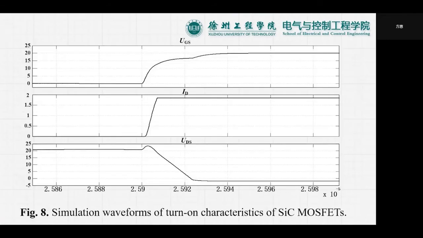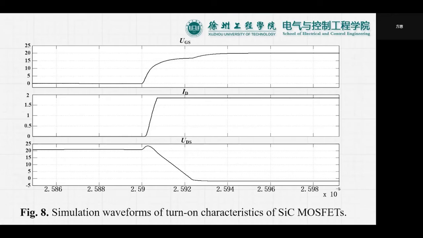Figure 8 shows the waveforms of gate-source voltage, drain-source voltage, and the drain current during the turn-on process. In the initial state, the device is turned off. When the time is at 2.59 nanoseconds, the gate-source voltage increases until the drain current appears.